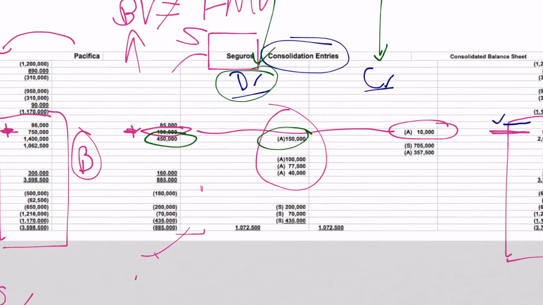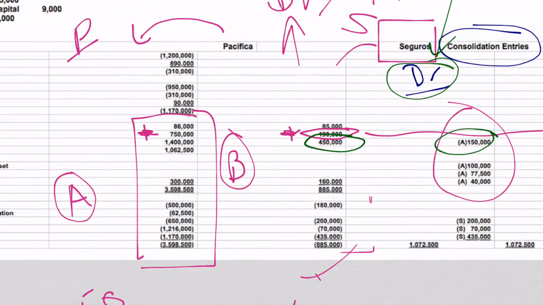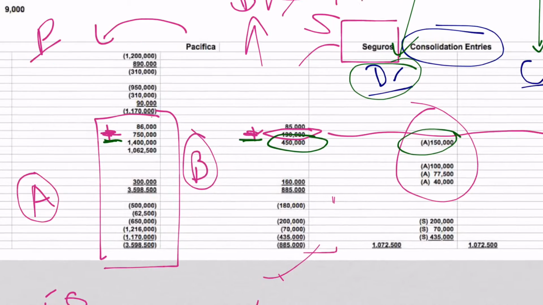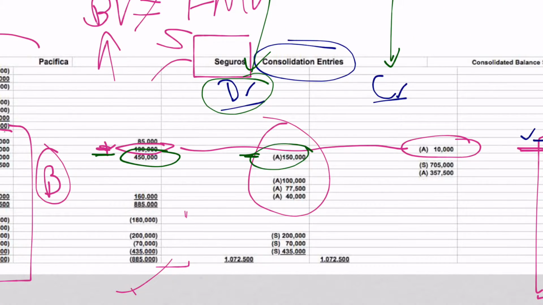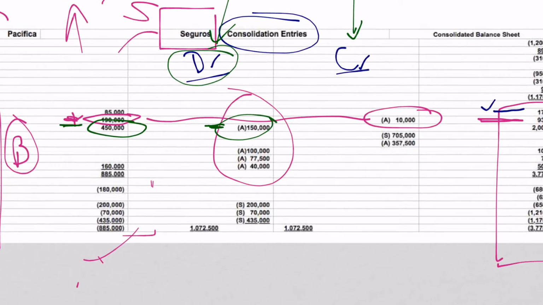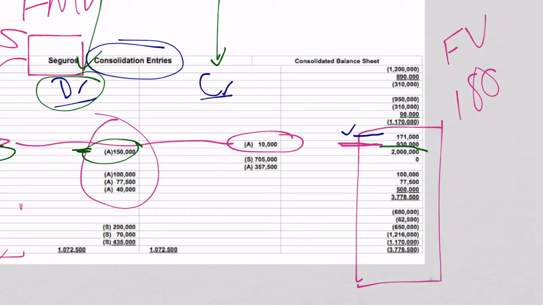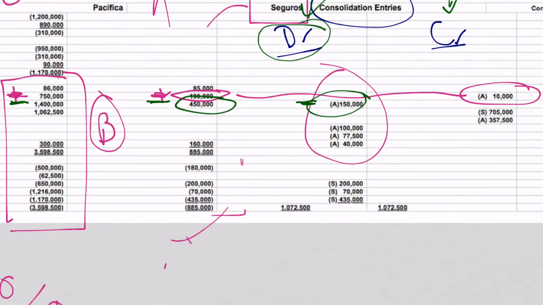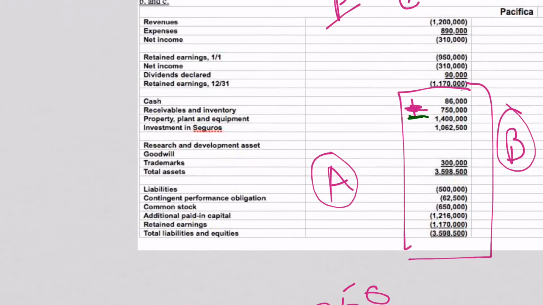When you add what the parent has and what the subsidiary has, the son, if you want to call it the son, but it is a subsidiary, and then add this also, you will get a number, which is the 2 million, which is a reflection of the book value of plant, property, and equipment of the parent, and the fair value at date of acquisition of the subsidiary.